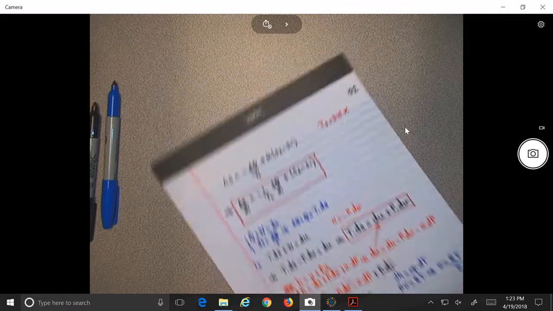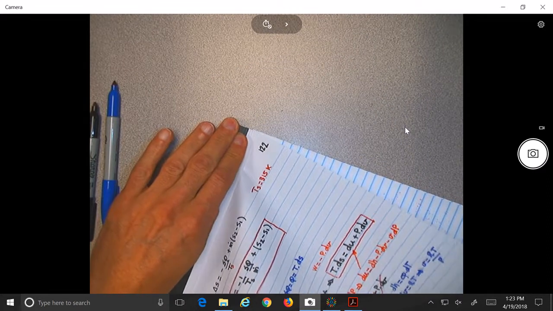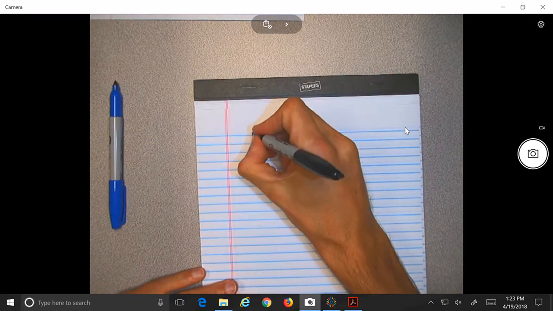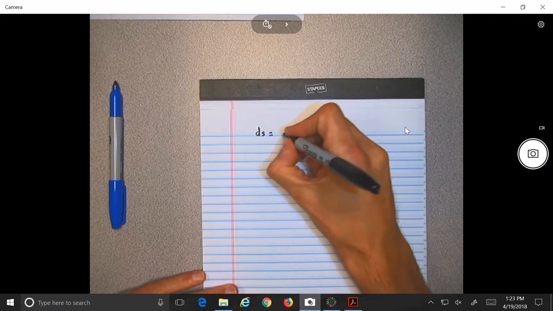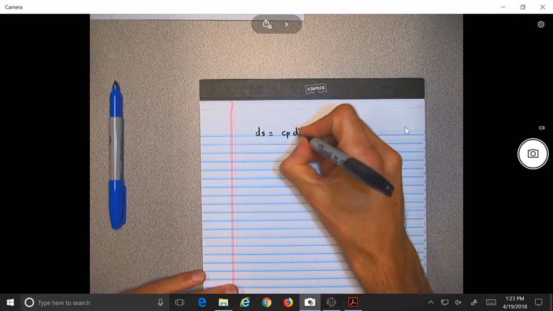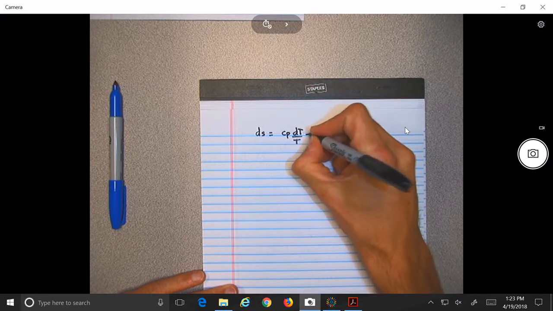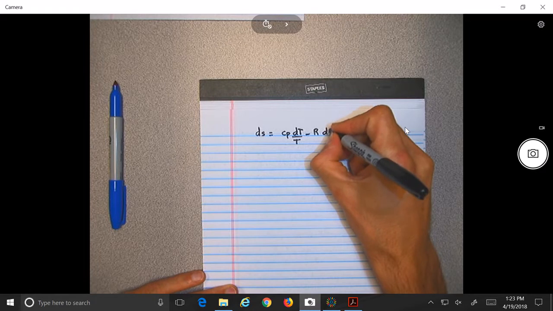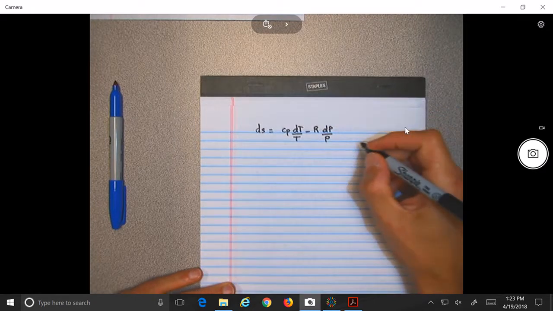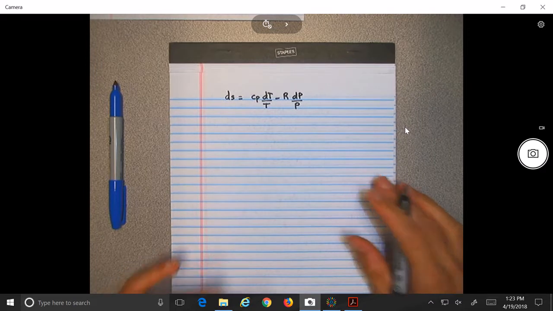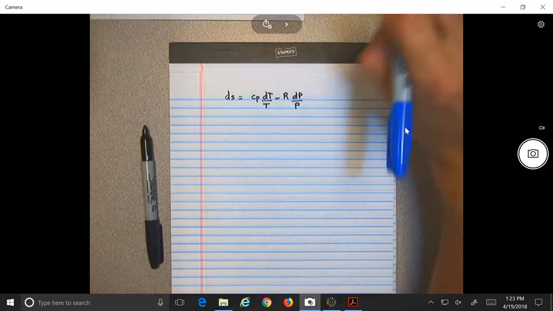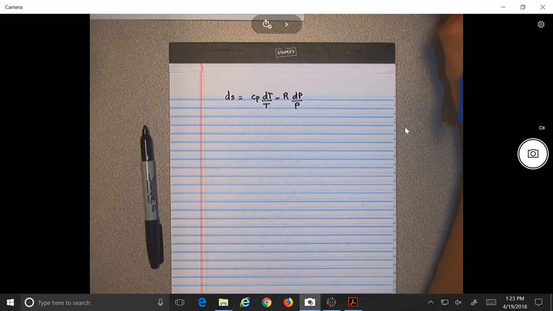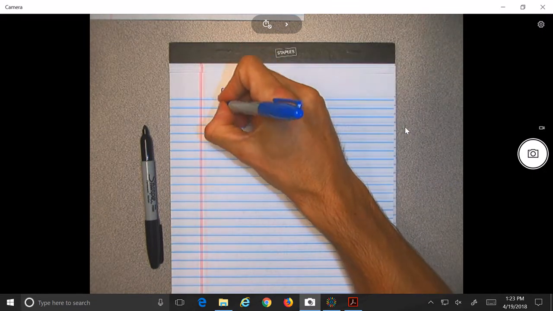So next, I'm just going to rewrite the same equation. So ds equals Cp dT over T minus R dP over P. So now, what happens if we integrate this expression?